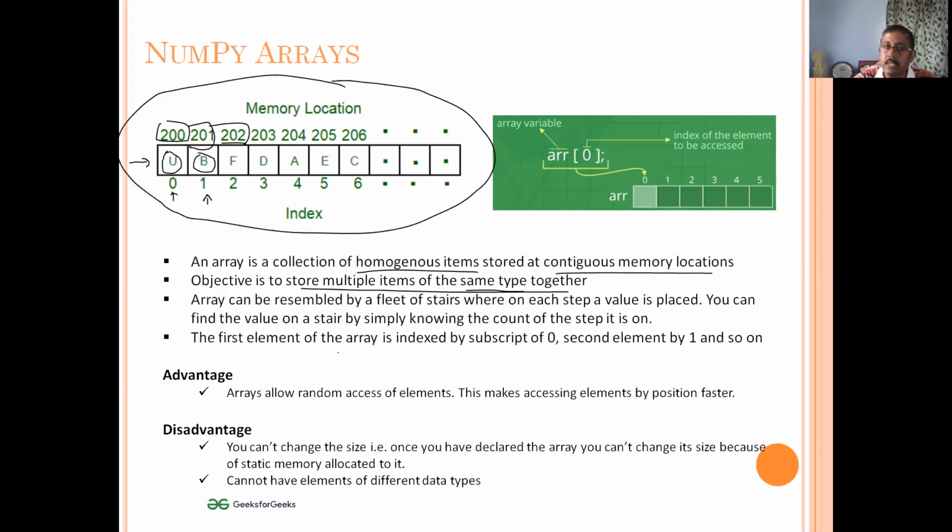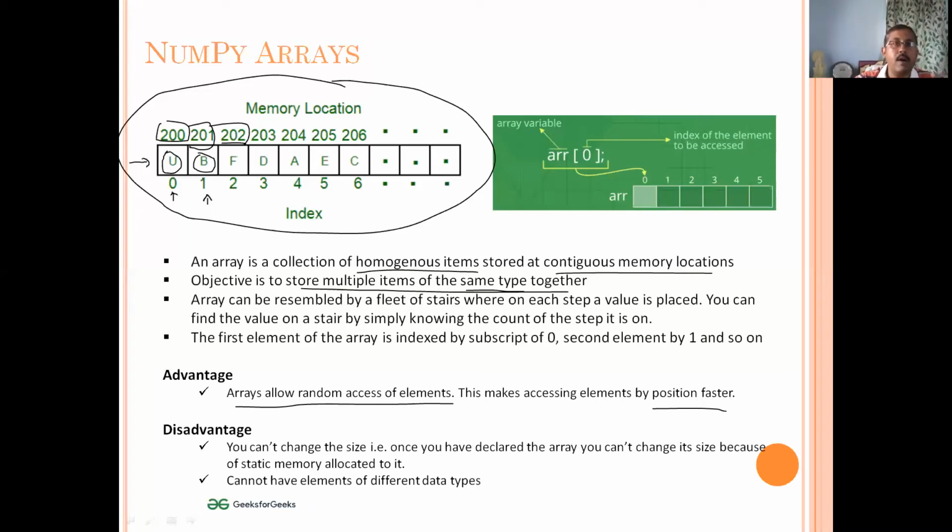Now, that's what exactly has been recalled here. Random access of elements is very fast. Okay, it is position based, so it is very fast. But there are a couple of disadvantages also. The first disadvantage is right at the beginning when you are trying to define an object with the data structure array, NumPy array.